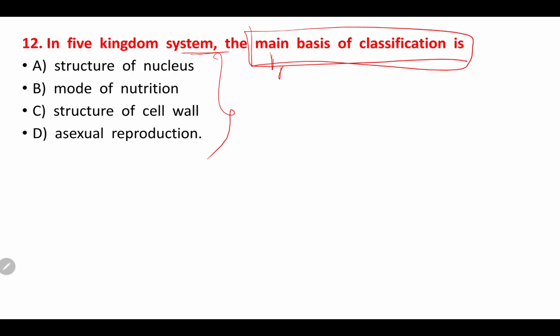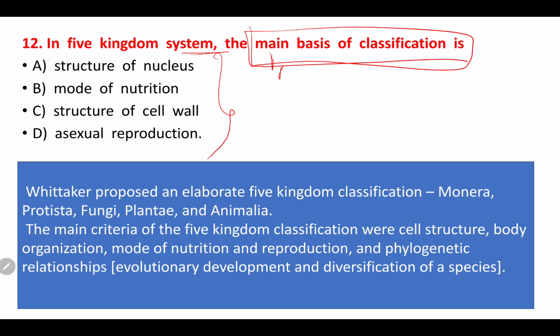basis. R.H. Whittaker proposed the 5 kingdom classification such as Monera, Protista, Fungi, Plantae and Animalia. And the main criteria of this 5 kingdom classification were cell structure, body organization, mode of nutrition and reproduction, and even phylogenetic or evolutionary relationship.